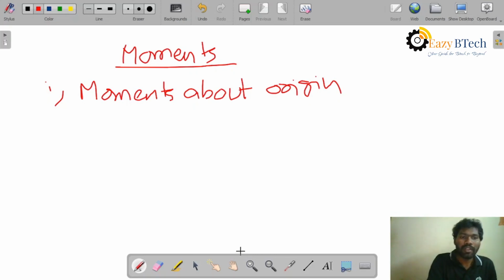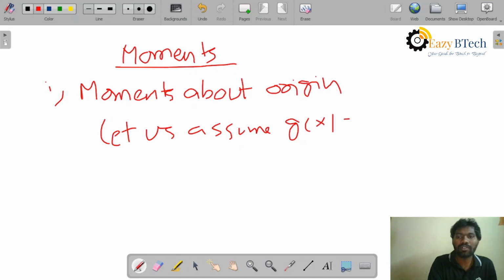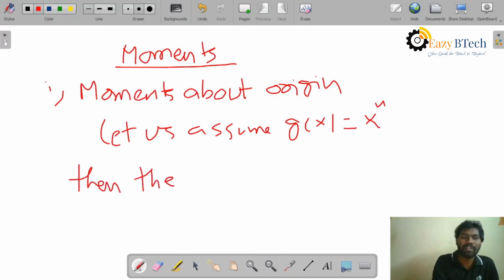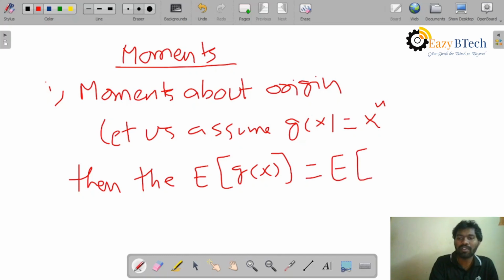Let us assume g of x equal to x power n. Then the expectation of g of x, which is nothing but expectation of x power n, is called the nth order moment.